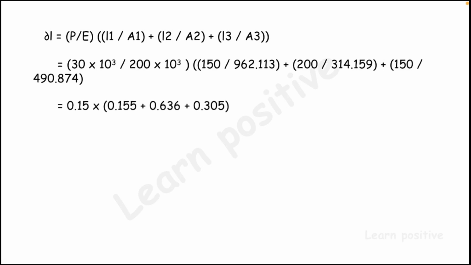And now we get the first set 0.15, and the change in length 1, change in length 2, change in length 3 is 0.155 plus 0.636 plus 0.305, and finally we get the sum 1.096. It is multiplied by 0.15, we get the value of 0.164 mm. This is the total change in length.